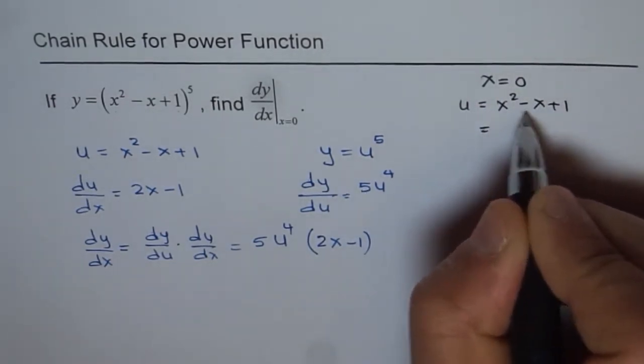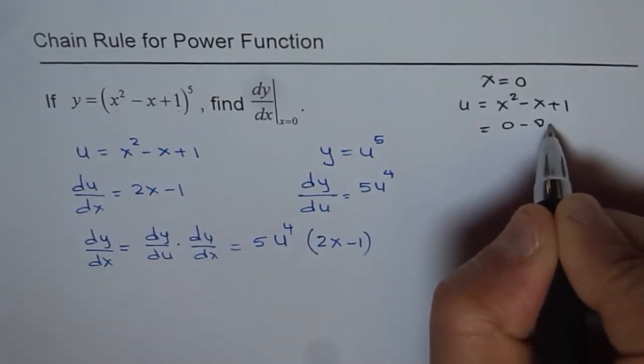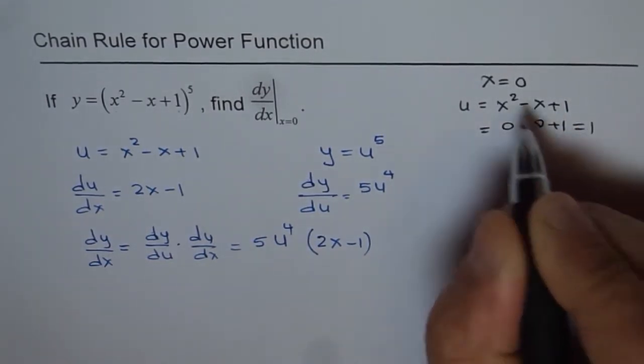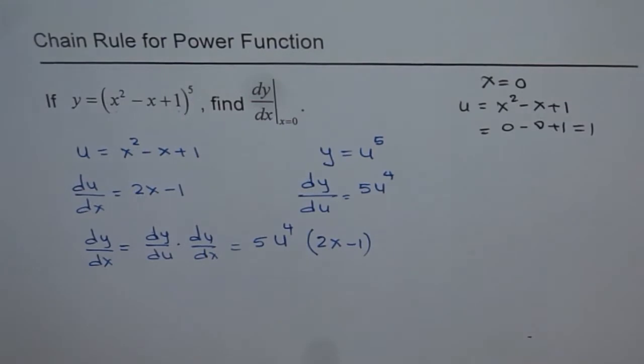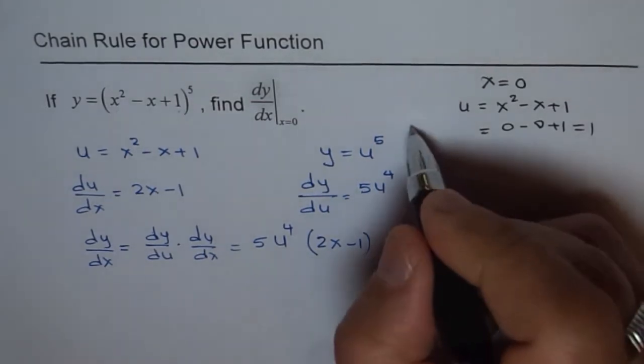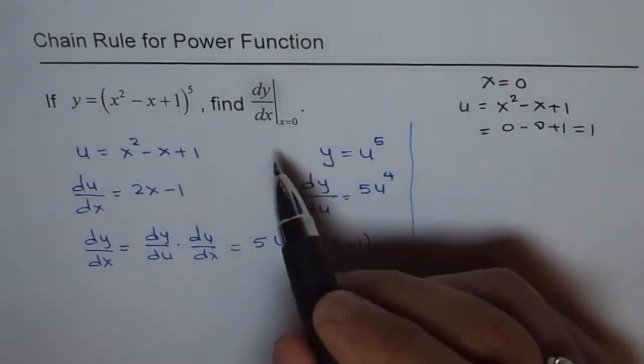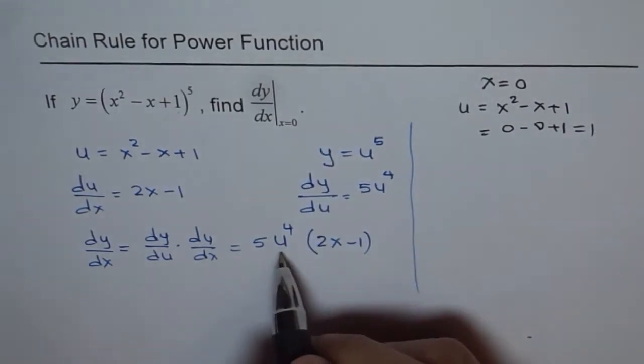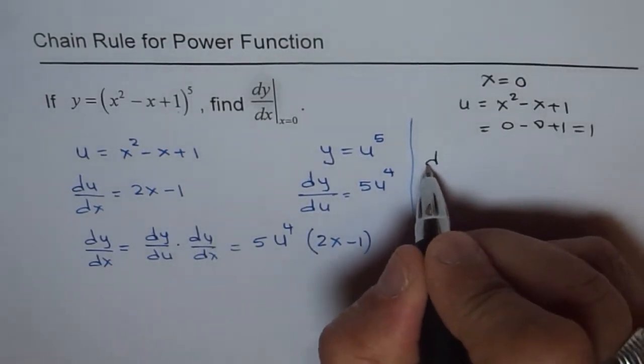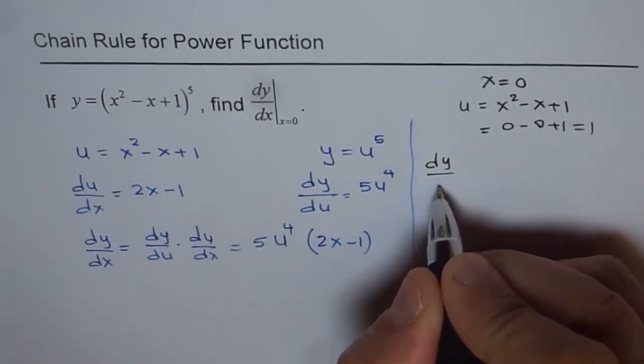If I substitute 0, then I get 0 minus 0 plus 1. That means u is 1, right? So we can find the derivative dy/dx when x is 0 without really expanding this or writing u in terms of x. This is kind of important to understand since it saves time.